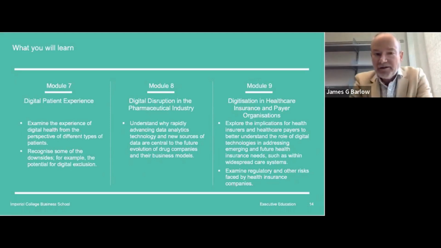Then in the next couple of modules, we turn to the supply chain, the supply industries in healthcare. Healthcare is not just about hospitals, general practitioners, nurses, what goes on in the formal healthcare system. There's a huge supply chain supporting the delivery of healthcare services.